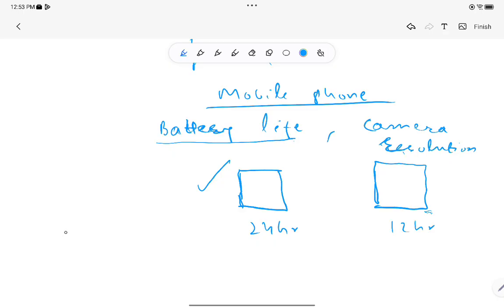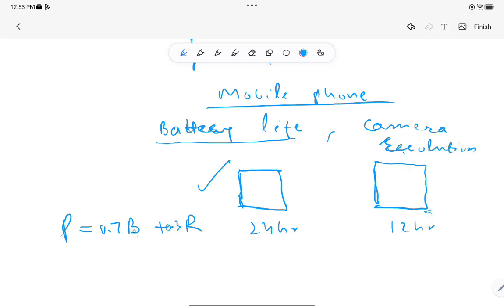So the price of a mobile for you depends upon two things. It depends upon battery life plus resolution. Now, this may carry for you 70% importance, and this may carry only 30% importance.